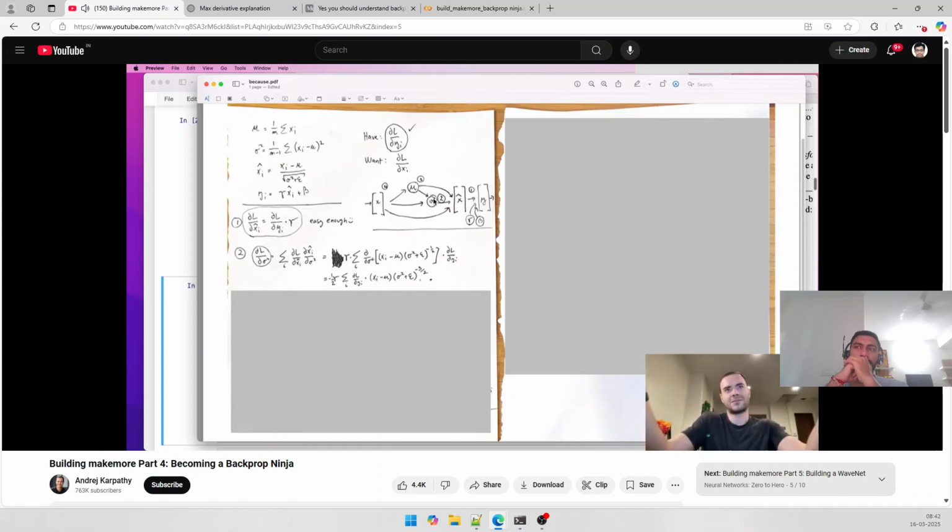There's lots of arrows coming out from sigma squared into all the x hats, and then there's a backpropagating signal from each x hat into sigma squared. And that's why we actually need to sum over all those i's from i equals 1 to m of dL by dx_i hat, which is the global gradient, times dx_i hat by d sigma squared, which is the local gradient of this operation here. And then mathematically, I'm just working it out here, and I'm simplifying, and you get a certain expression.